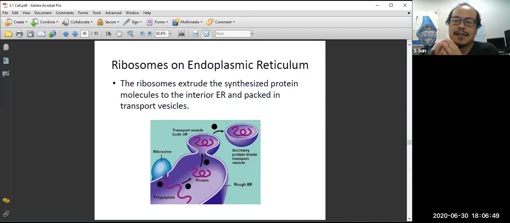And when it's packed in the vesicle, there are two major destinations for that vesicle: it will be either released in the extracellular space or moved to another organelle. And in the case of merging with the lysosome, this protein could be the digestive enzyme to help the lysosome digest the food.